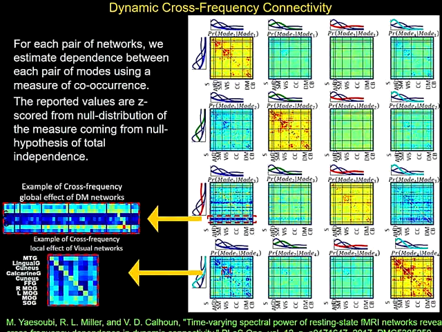Each one of those has its own pattern of covariation. Think of it as a state of covariation. Interestingly, you can look at these off-diagonal patterns, and they're not all flat. For example, here you see strong evidence of communication occurring between this frequency band and this frequency band in this network, which is the default mode network.